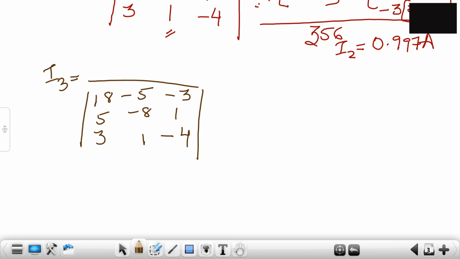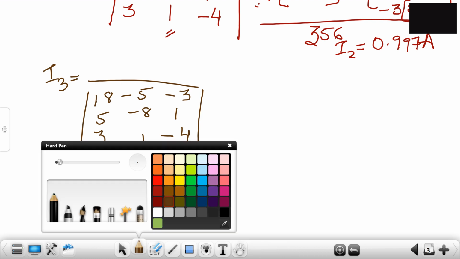Over here we are replacing the third column by the values 50, 10 and 5 because we are finding I3.